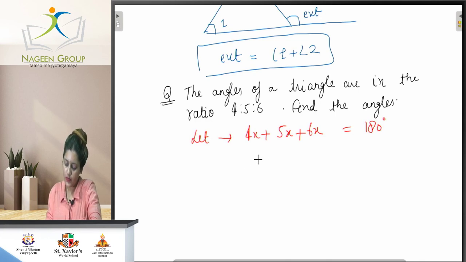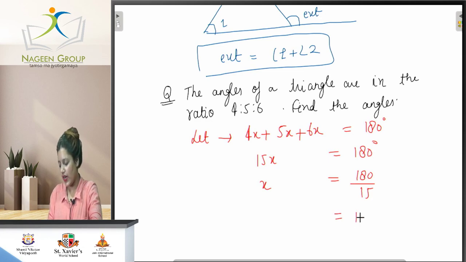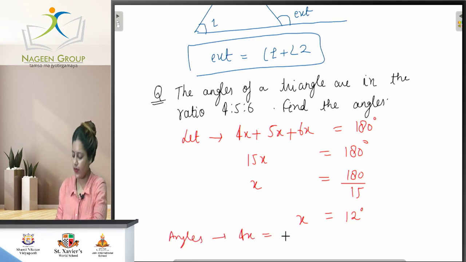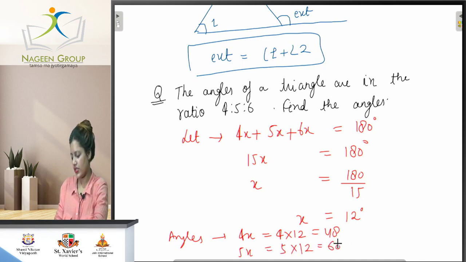So 15x is equal to 180 degrees. Therefore x is equal to 180 by 15, that is 12 degrees. So the angles are 4x, that is 4 into 12, that is 48 degrees. Next, 5x, that is 5 into 12, that is 60 degrees.